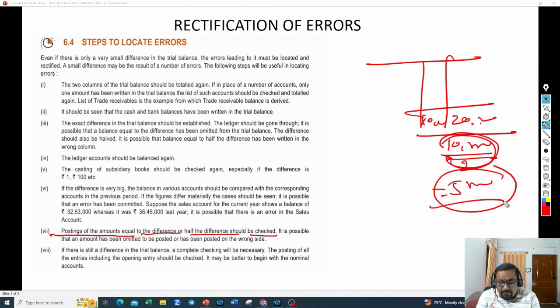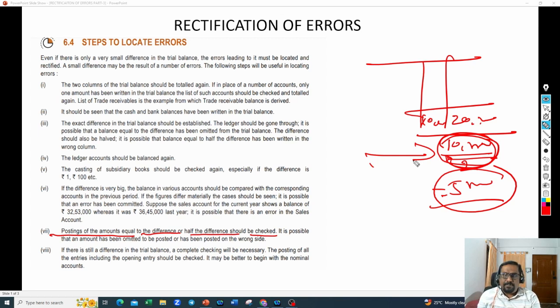Why do we need to check half of the amount? I already told you. If that 5,000 is posted on the wrong side, that will have a double impact. Then the difference will be 10,000. That is the reason. What they are trying to say here is, see the difference. If the difference is 10,000, first figure out whether there is any transaction missed out worth 10,000. First check that.